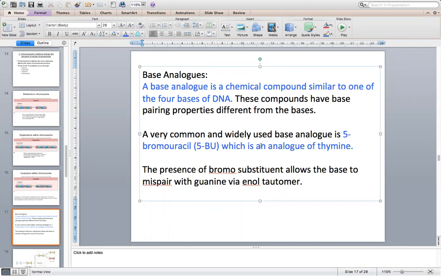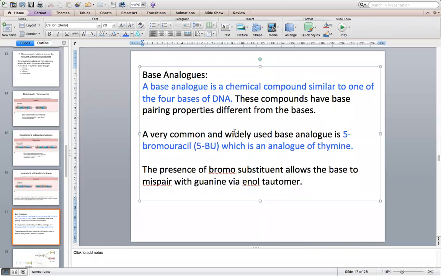So I am talking about the base analogs, the 5-bromouracil. This 5-bromouracil has properties similar to those of thymine. So what does it have to do?